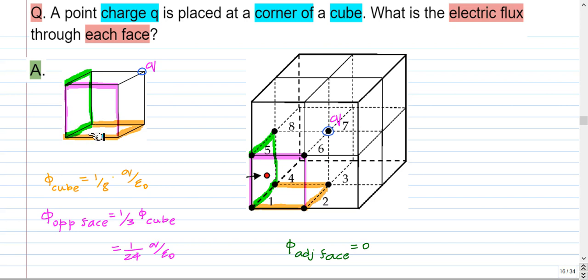And these 3 opposite faces are placed symmetrically from this point charge. So the flux through any one of these faces should be 1/3 of the flux passing through this cube. So it is 1/3 of 1/8, so it is 1/24 of q by epsilon naught. So that is the flux through any one of these opposite faces, and the flux through the adjacent faces is 0.